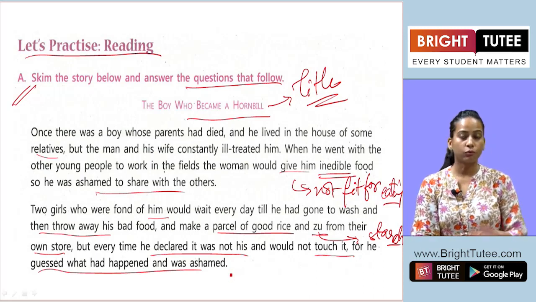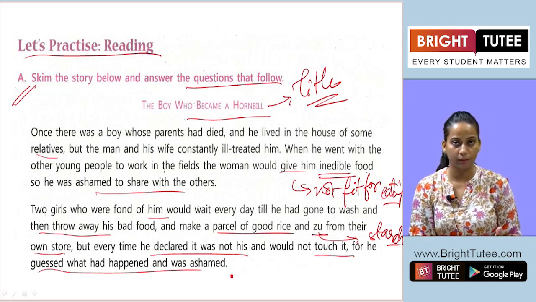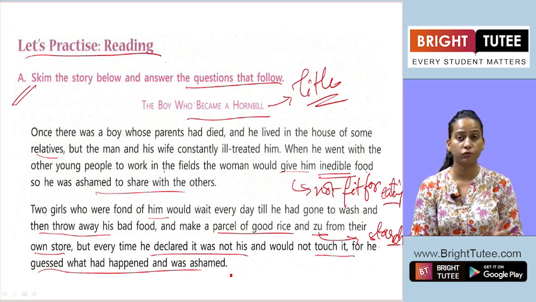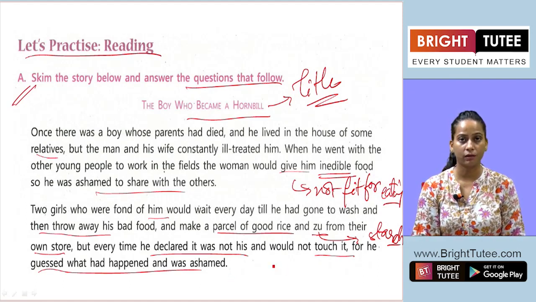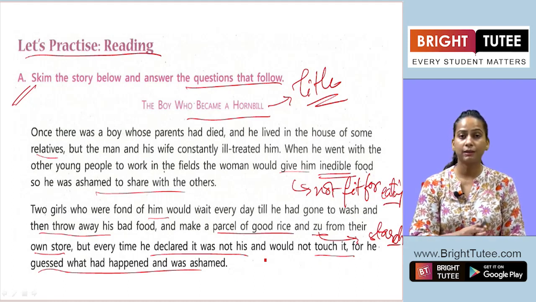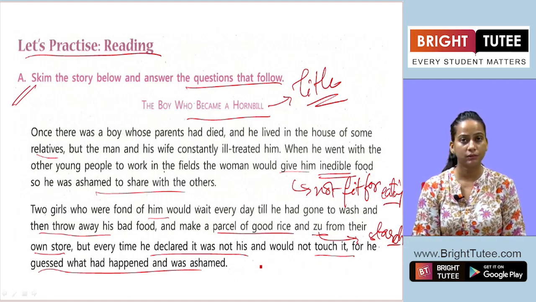So the two girls were trying to help him by replacing his bad food with good food, but he never took it, declaring that it did not belong to him. And somewhere he was ashamed of this situation.